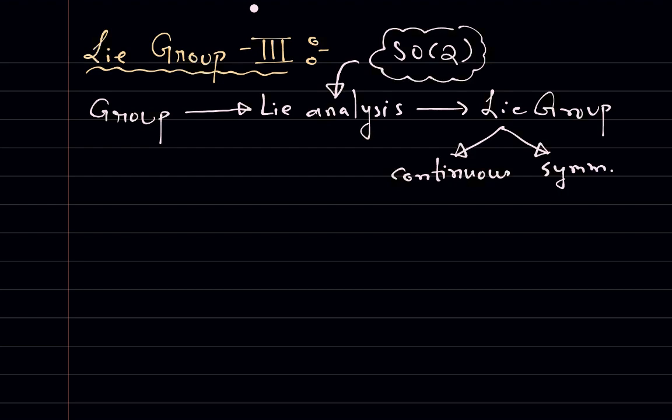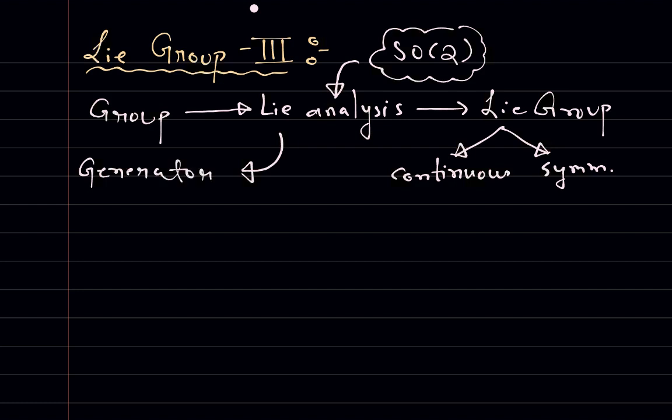And not only does it satisfy Lie analysis, but it is also continuous, and it is a symmetry group of the distance function in R2. Now this Lie analysis has something to do with the existence of generators, that's all.